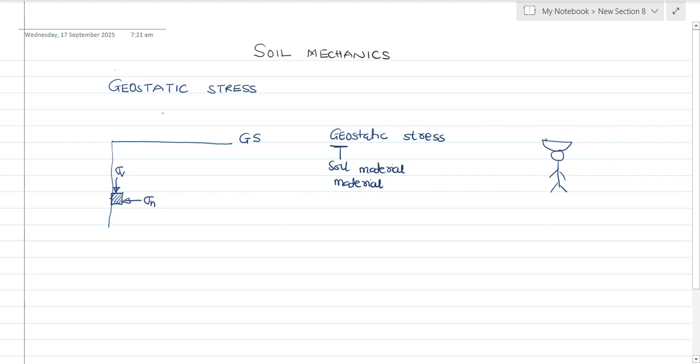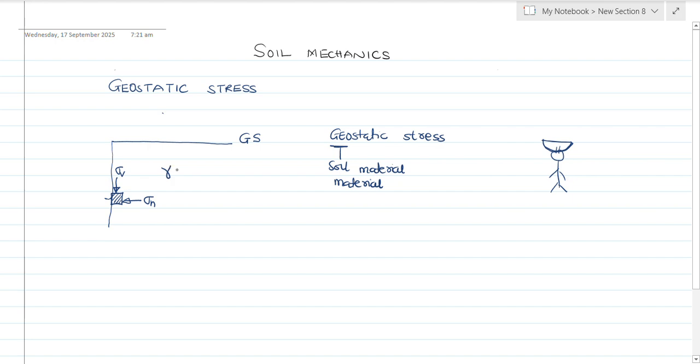Now you realize that there's going to be a certain kind of weight as a result of the bucket and the water which is above you. And so in geostatic, as a result of the weight of soil above this point, which is our point of interest, there's going to be a certain force acting on it. Do you get it? Because it's as a result of the material above it. And that's what we call geostatic.